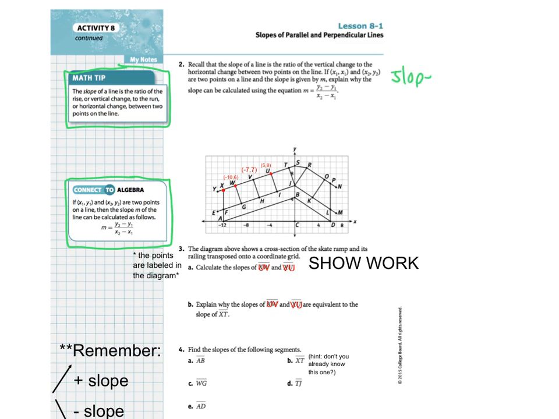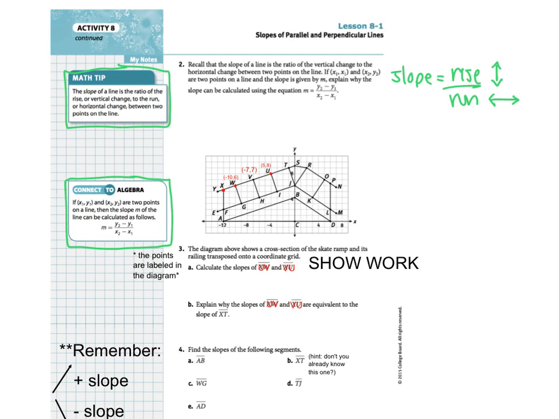Slope, by definition, is the ratio of rise over run. Remember that rise refers to the vertical change, so up and down, and run refers to the horizontal change, left and right. Since we're talking about moving up and down on a coordinate grid, we know that the y-axis is the axis that's going up and down.